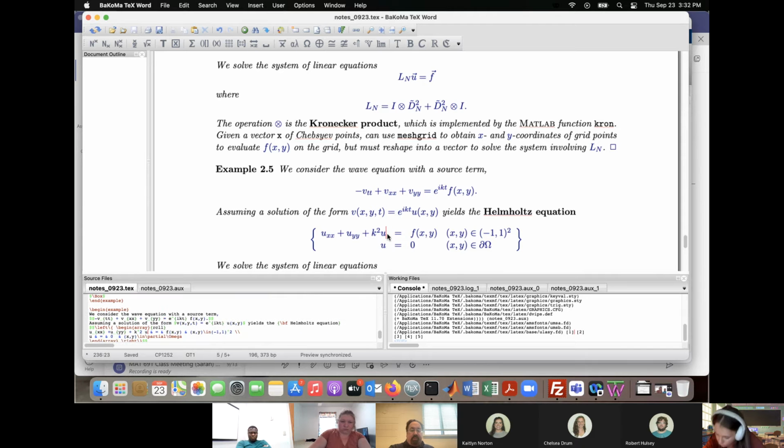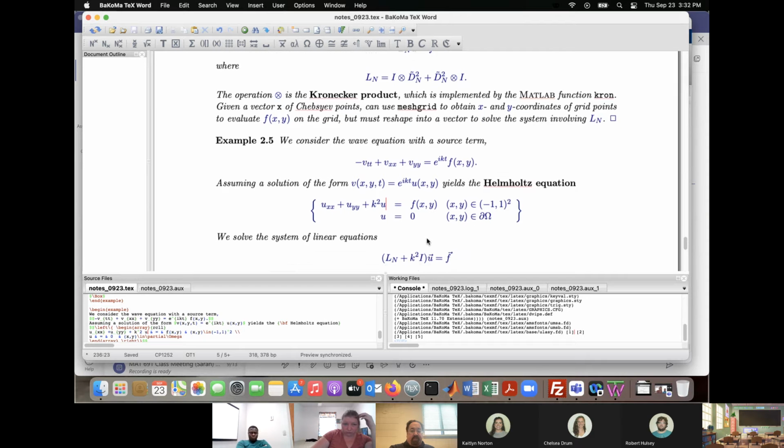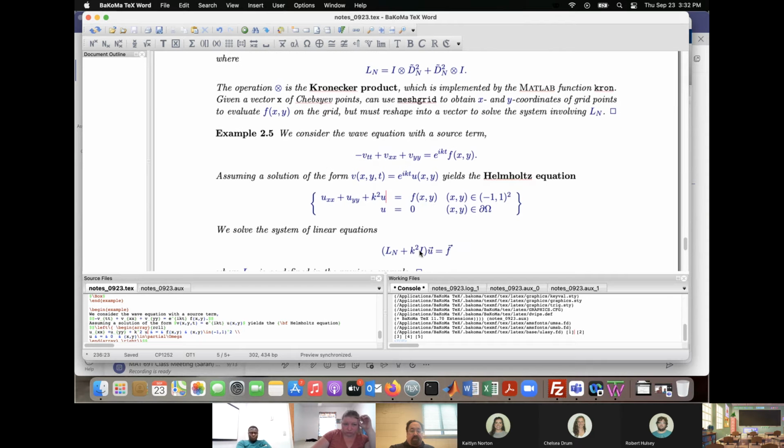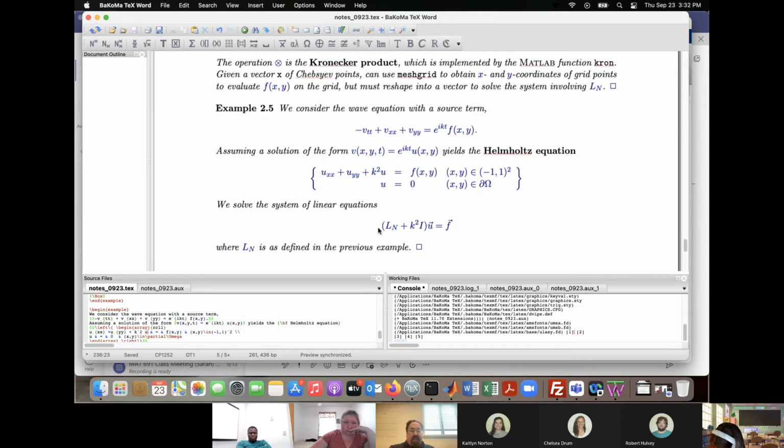This is called the Helmholtz equation, where you have this additional term, so Laplacian plus this is just equal to f. So this is a sort of problem that you can solve using the same approach as in the previous example. This is the matrix that you form now, where Ln is the same Ln as in the previous example, but now it's shifted by k squared times identity. So then you can go ahead and solve this system of equations to get U.